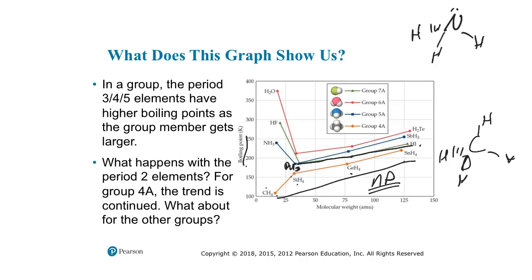So NH3 high, PH3 lower in terms of its boiling point. HF to HCl drops and then increases to HBr. It looks like they have two of the names backwards in the chart, so that should be antimony H3 instead of HI.